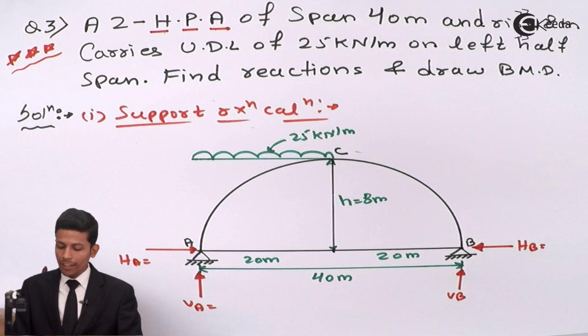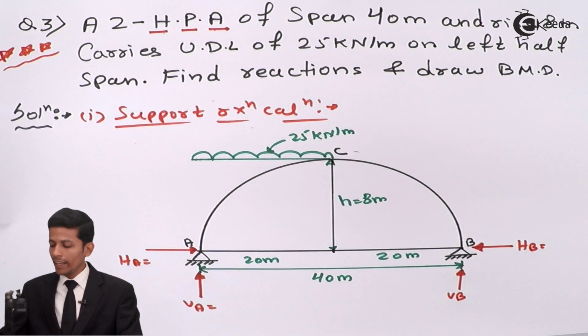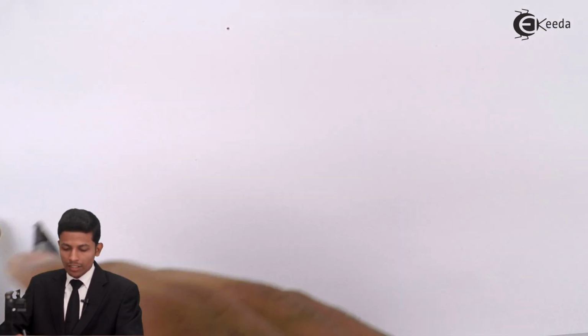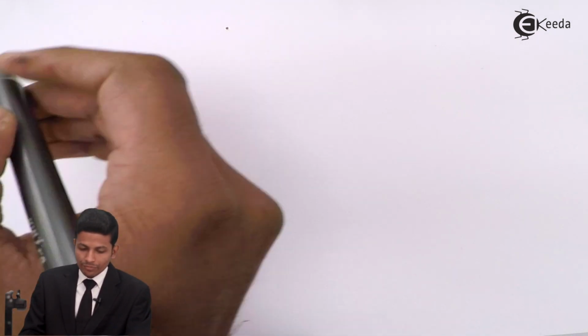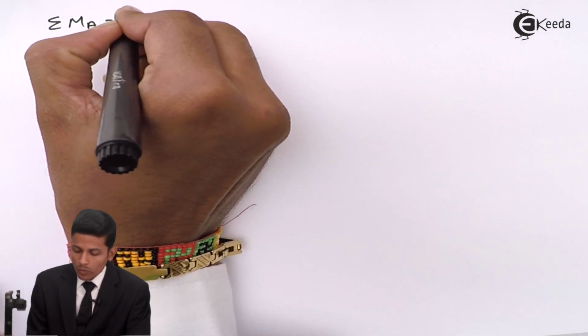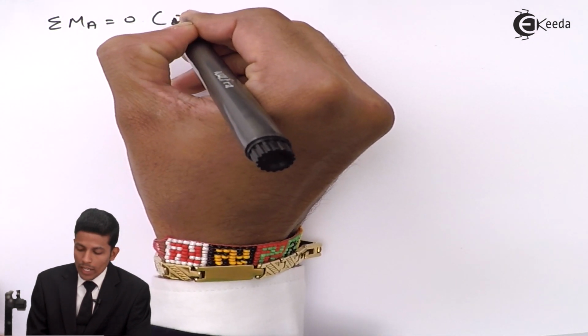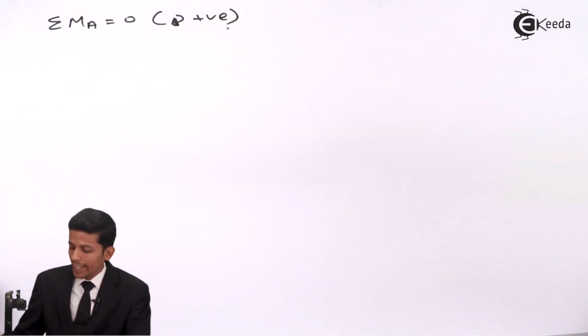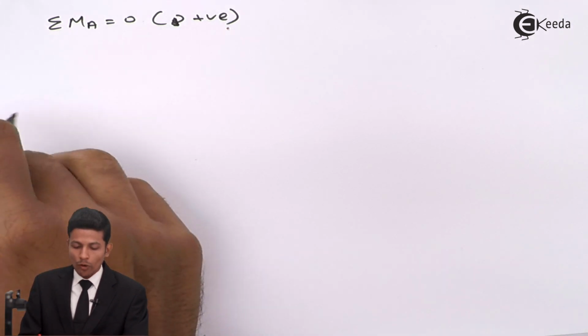First of all, we are taking moment at A. Taking summation of moment at A equal to 0, clockwise positive; always write the sign conventions. So how will we get it?